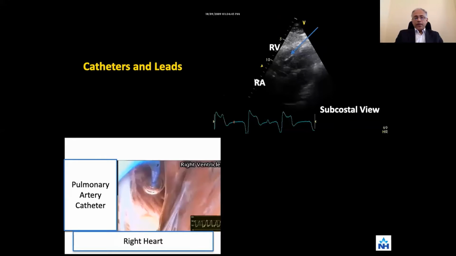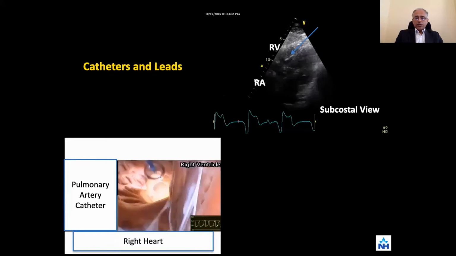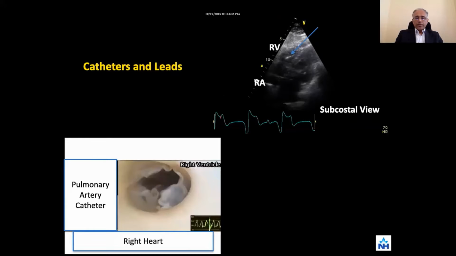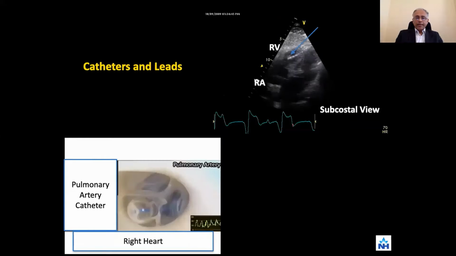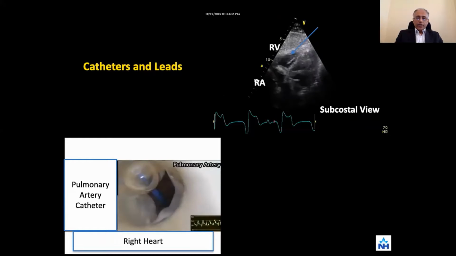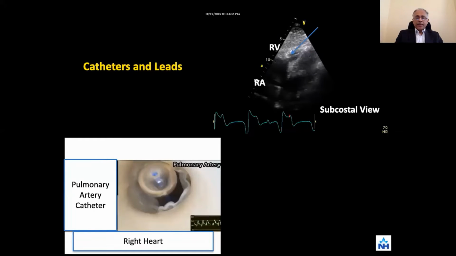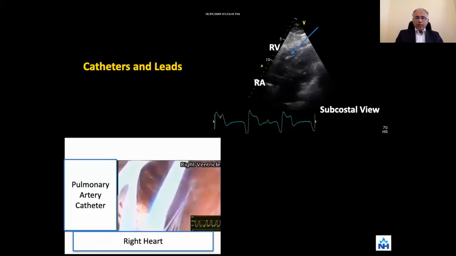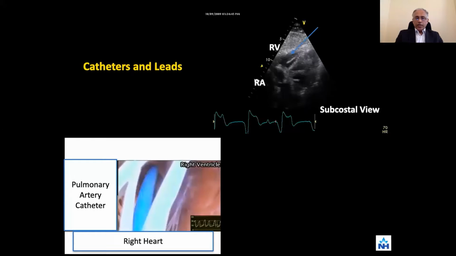Then you have the catheters and leads also, those which extend and go into the right ventricle. Usually these are the pacemaker leads, and far and few, not seen so frequently, but seen in the setting of critical care or during perioperative, you have the pulmonary artery catheter, which you see in the image below.